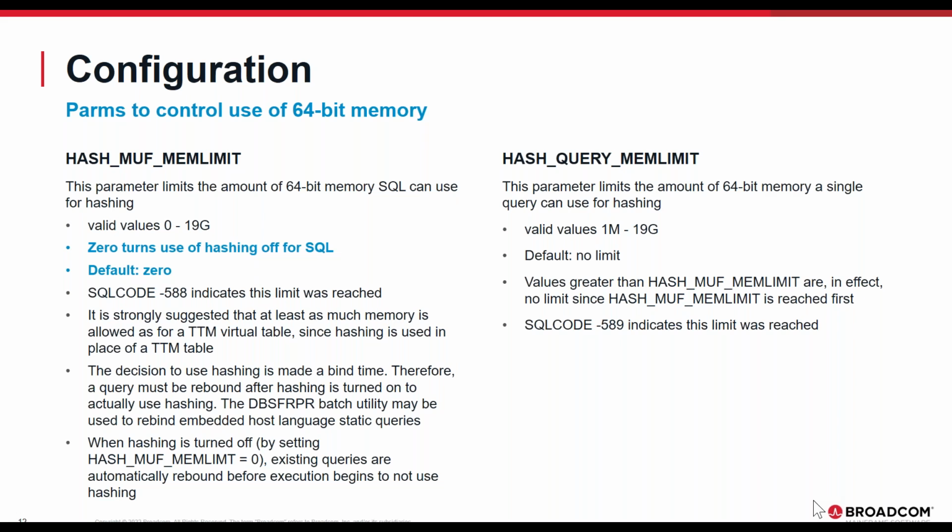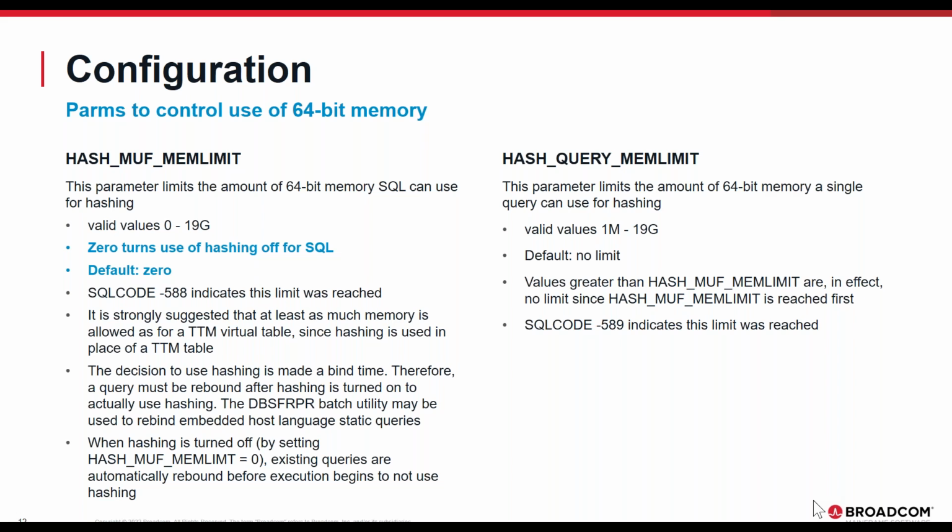Now, we strongly suggest that you set that size to be whatever you're using for a virtual TTM, because pretty much we're replacing temporary tables with hash tables, sort tables, temporary tables for subqueries, that sort of thing. Pretty much one for one are now going to be hash tables. And if you do that and you are not having errors running out of that memory, then hopefully you won't run out of this memory either.